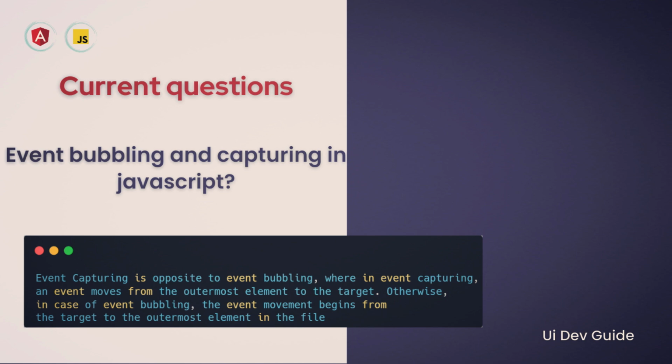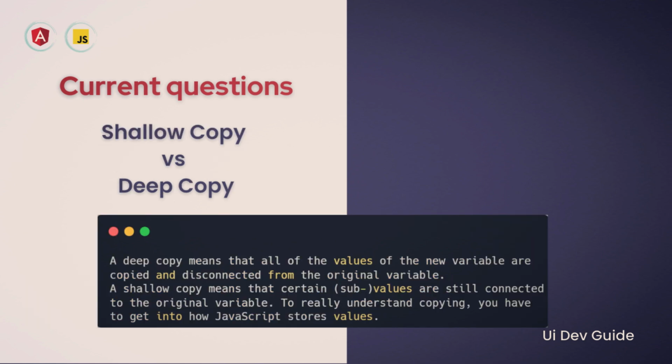Have you heard about shallow copy and deep copy? Shallow copy means you copy the values only from one object to another object.